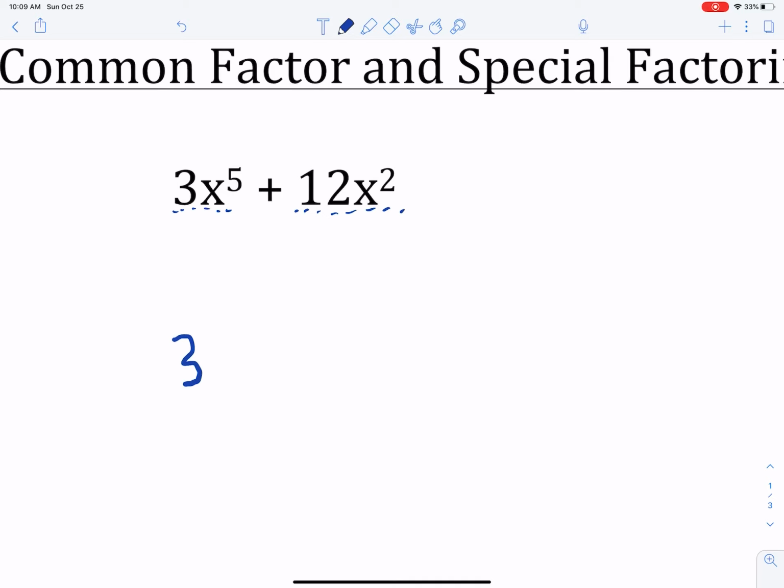So looking at x to the fifth and x squared, our smaller power is the x squared. So to figure out what's left to go in the parentheses, we're going to divide each term by 3x squared. 3x to the fifth divided by 3x squared, the 3's would cancel out.